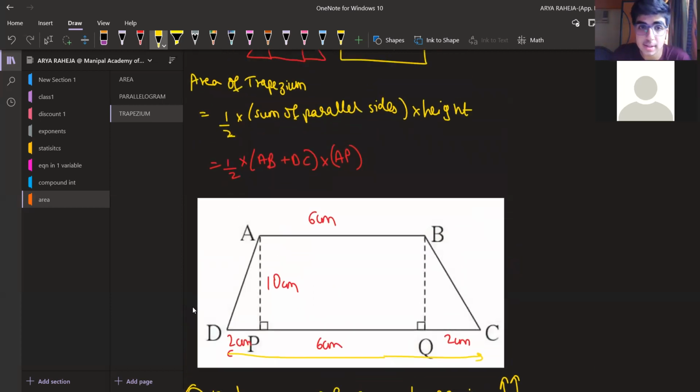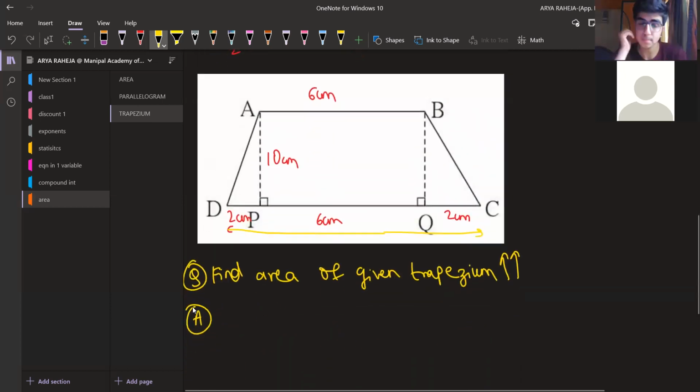Half into the sum of parallel sides into height. Okay, let's just start now.